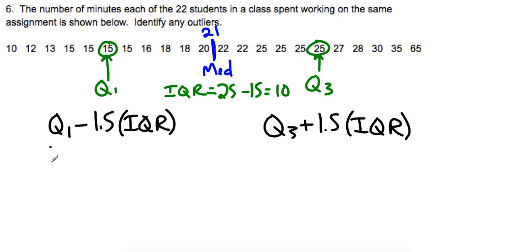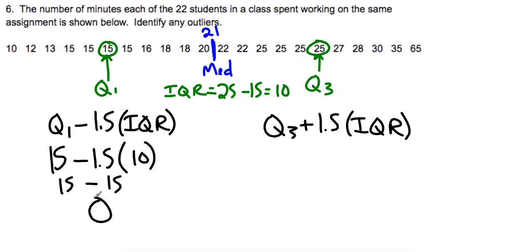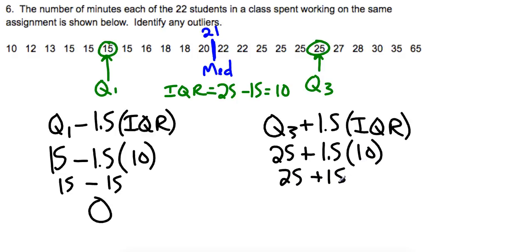Let's start plugging in numbers. Q1 is 15 minus 1.5 times our IQR, which we just said was 10. So this turns out to be 15 minus 15, which is 0. Let's go figure the other one out. Q3 is 25 plus 1.5 times the IQR, which is 10. So 25 plus 15, and that's 40. What these two numbers do is give us some parameters.